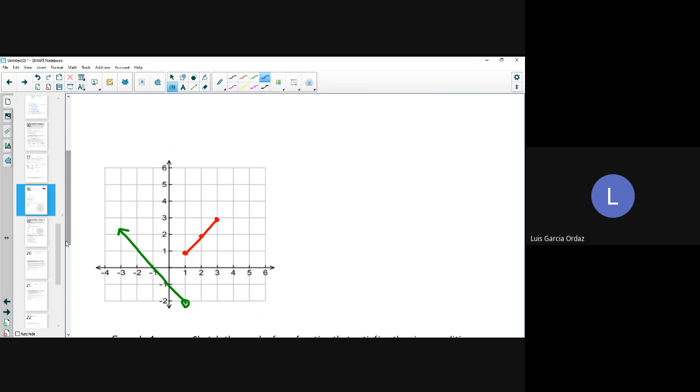So what would my vertex be for that parabola? Let's see if you guys remember. What is my vertex for that parabola? Three and 4. Okay, so it's going to be 3 and 4.